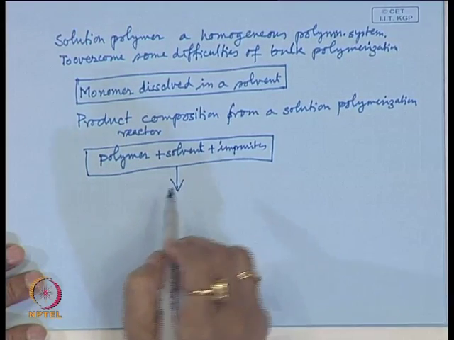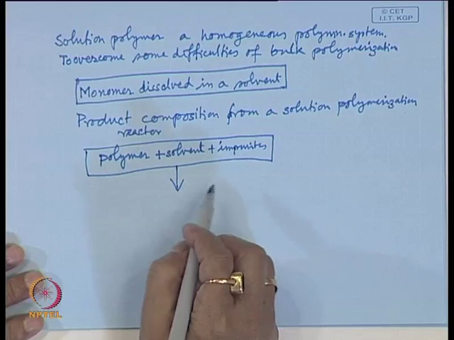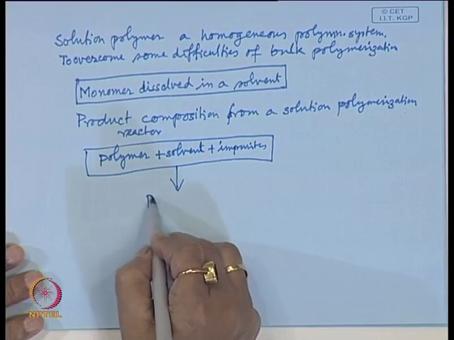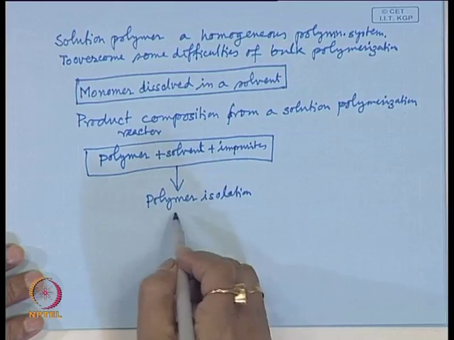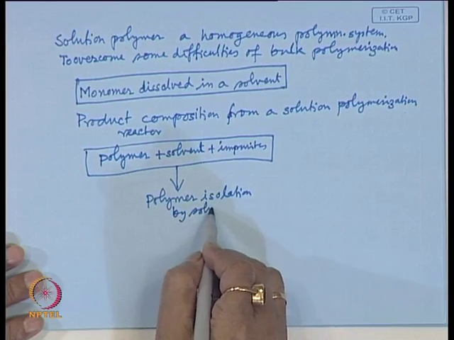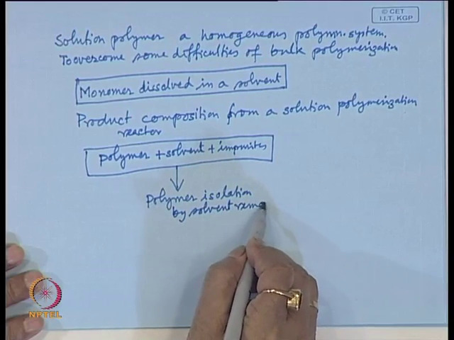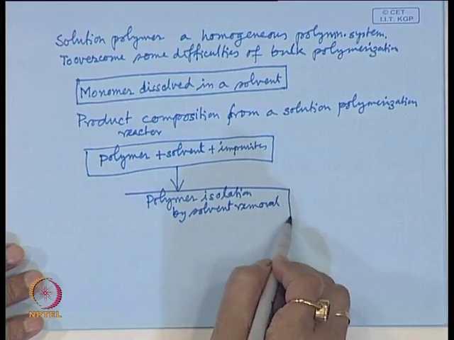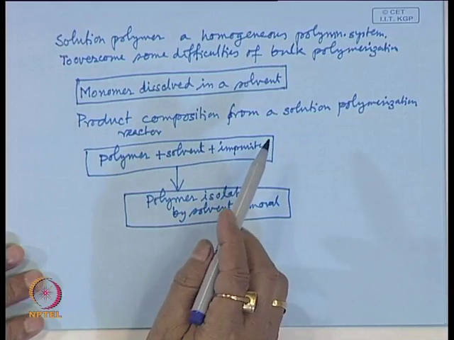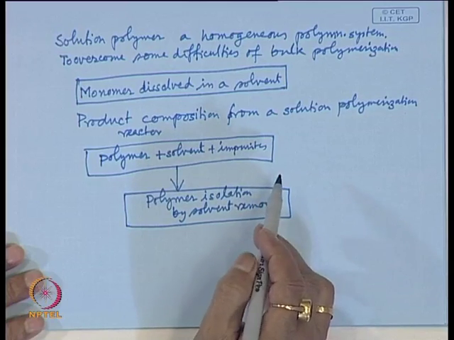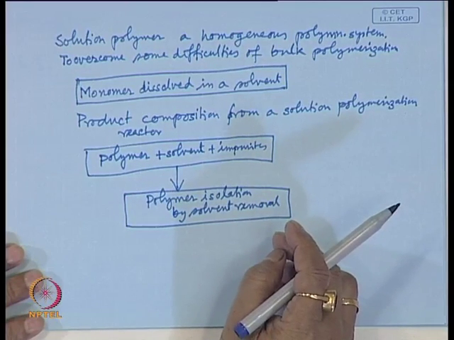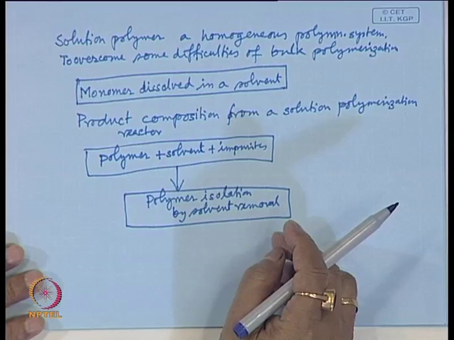Then it passes through polymer isolation, polymer isolation by solvent removal. In these cases, you see the solvent which is used is an organic solvent. You understand the problem of handling organic solvents in industry.